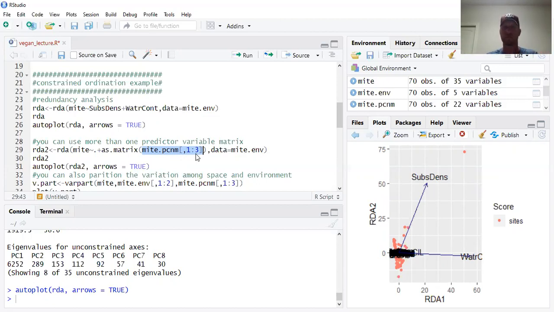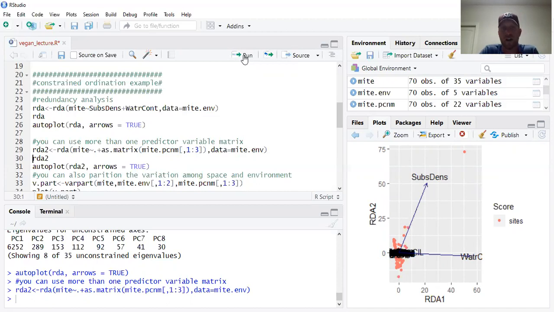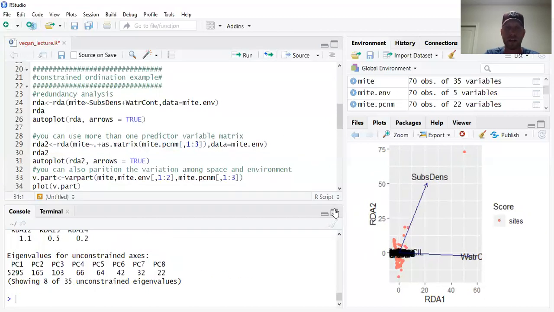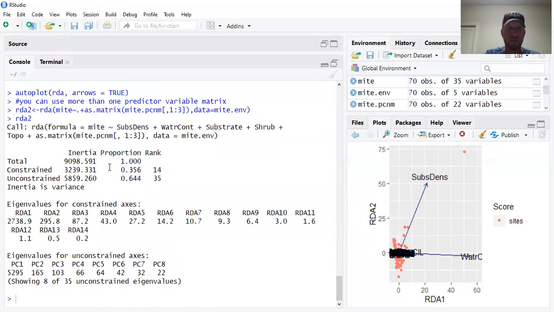So we're just going to pull the first three. And we're going to run this in an RDA, and we're going to consider how much variation in community composition of mites can we explain when we bring in some of these other environmental variables, and when we consider spatial variables.